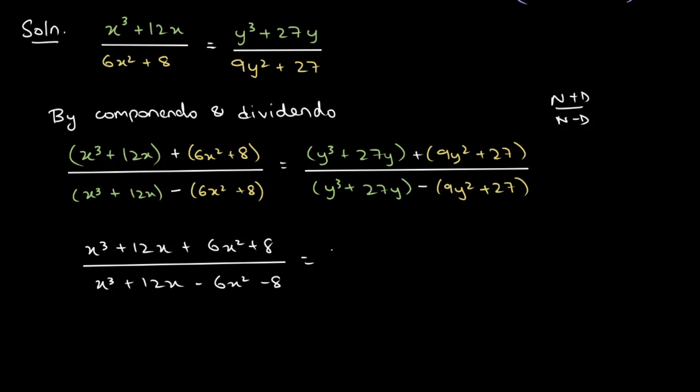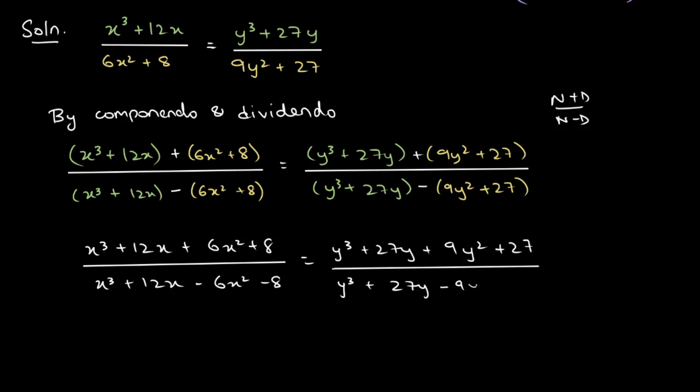On the right hand side I have y cubed plus 27y plus 9y squared plus 27, the entire thing, divided by y cubed plus 27y minus 9y squared minus 27. Alright, so unlike our general sums of componendo and dividendo where terms start getting cancelled, that isn't happening in this particular sum.